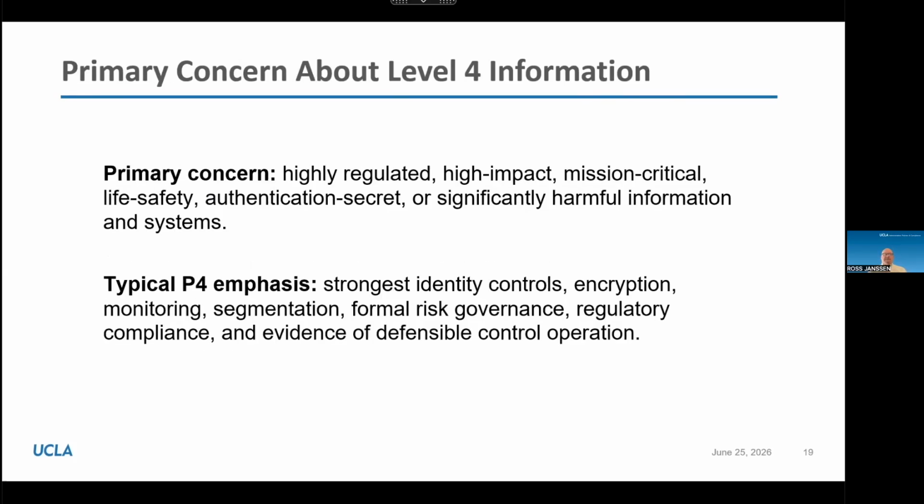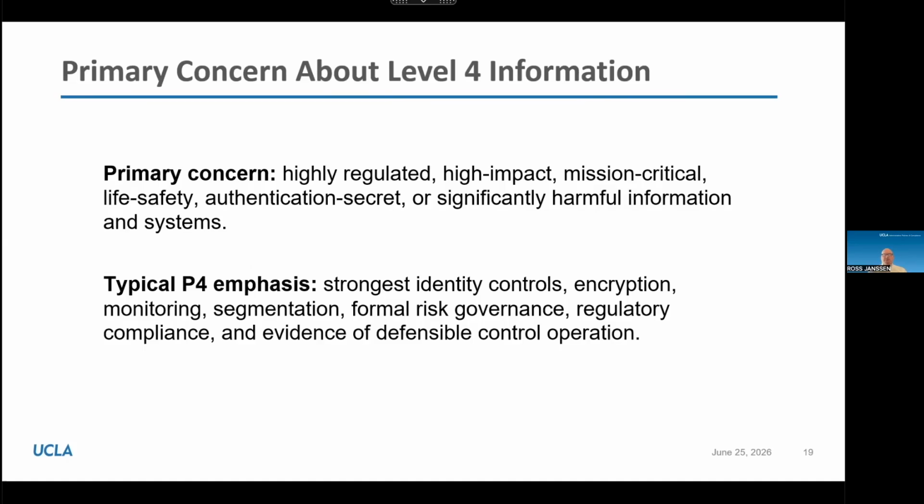The primary concern here is highly regulated, high impact, mission critical, life safety, secret or significantly harmful information and systems. The controls that we'd want to have in place are identity controls, encryption, monitoring, segmentation, formal risk governance, regulatory compliance, and evidence of defensible control operation.